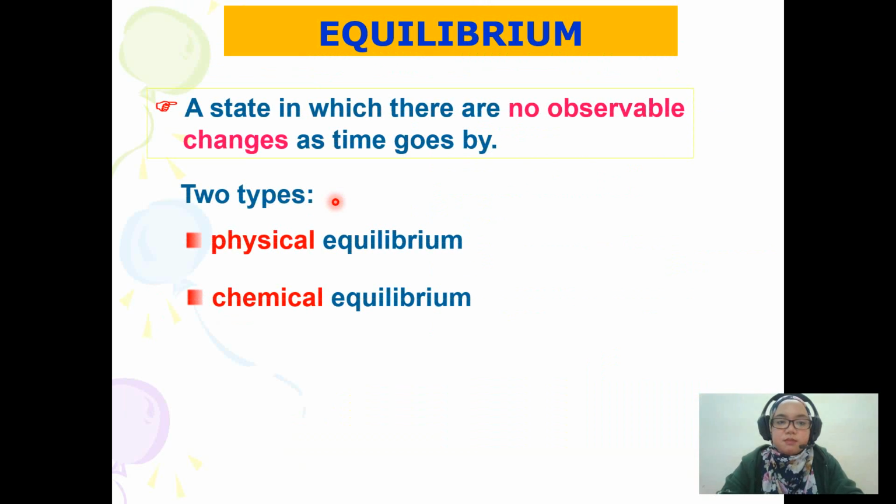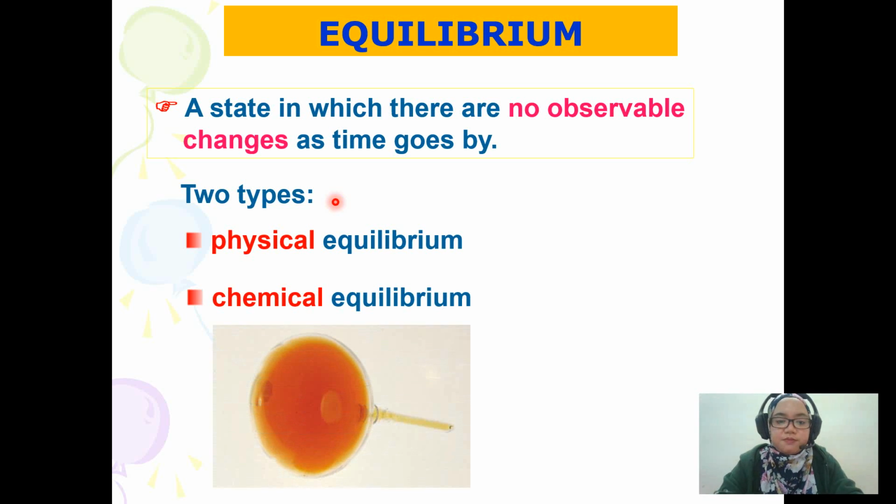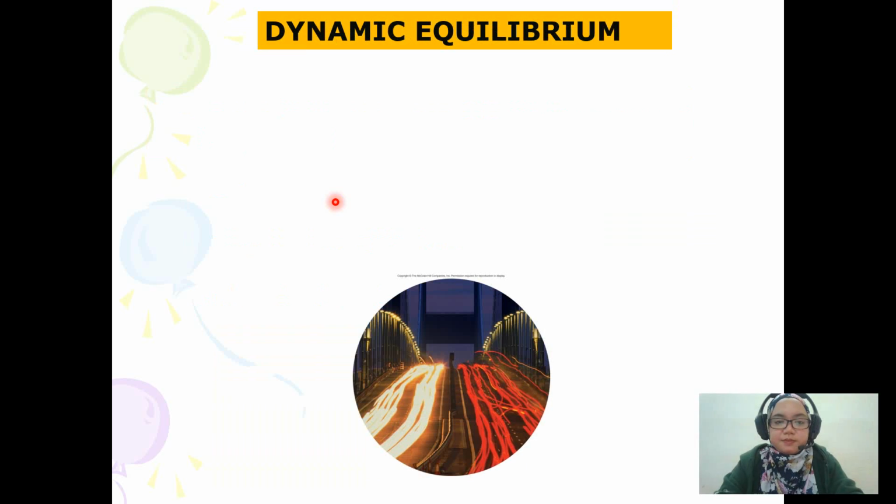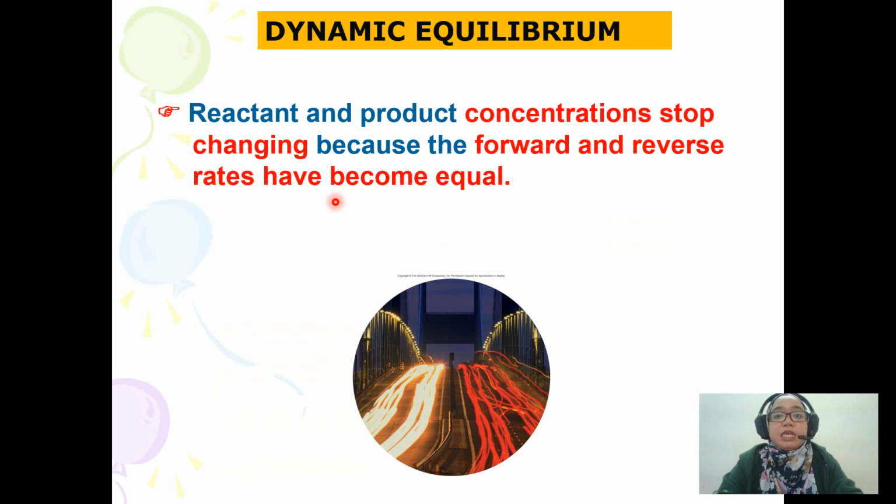Okay. So, what is equilibrium? Equilibrium is a state in which there are no observable changes as time goes by. So, we have two types of equilibrium. First one is physical equilibrium and the second one is chemical equilibrium. So, what is dynamic equilibrium?